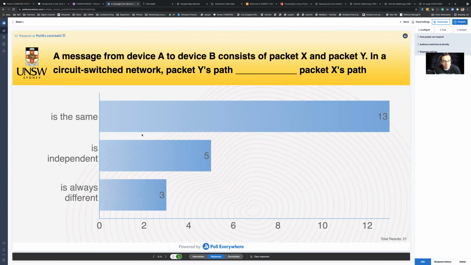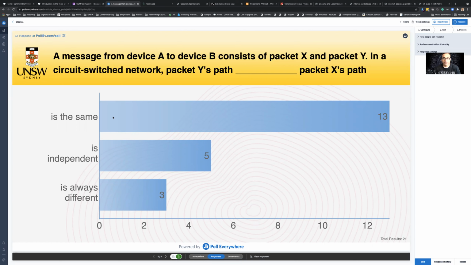The answer would be is the same. When you're talking of circuit switching, remember we said that we first reserve the circuit and then all the traffic will follow that same path, unless one of the links breaks and then we have to reset the circuit.